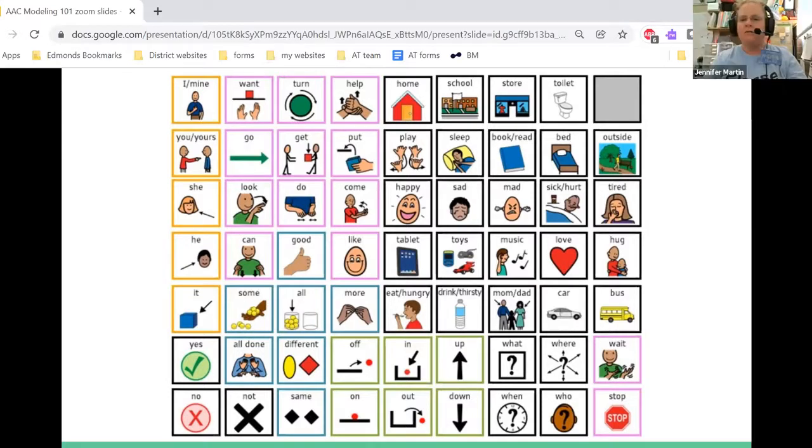I want more. Point to it. Play. Help. I love that one. I want help. All done. Oh yeah, we can ask to be finished too. Want help and more. Toilet, great words. We definitely need to be able to ask for that. Want more? Go home.